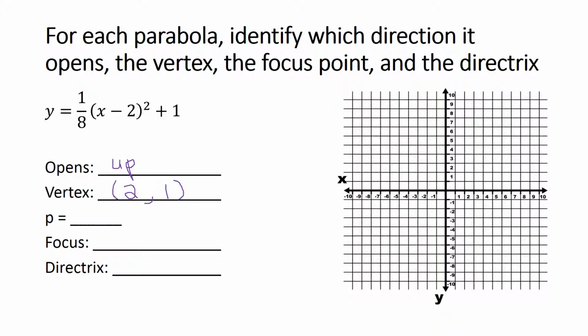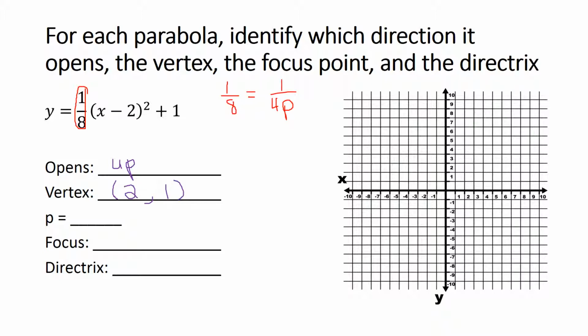Now for some math. The a value on this equation is 1/8. Well, remember the formula, a equals 1 over 4p. We need to solve for p to figure out how far away the focus and the directrix are from the vertex.